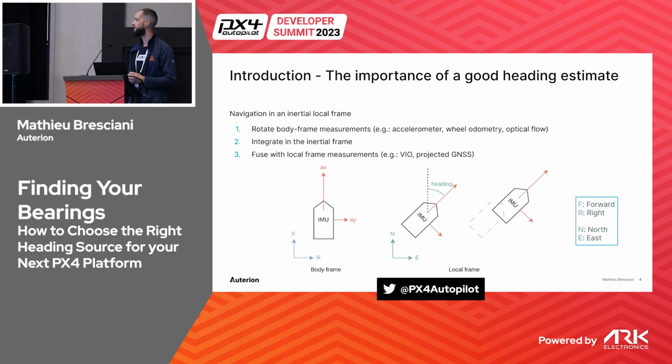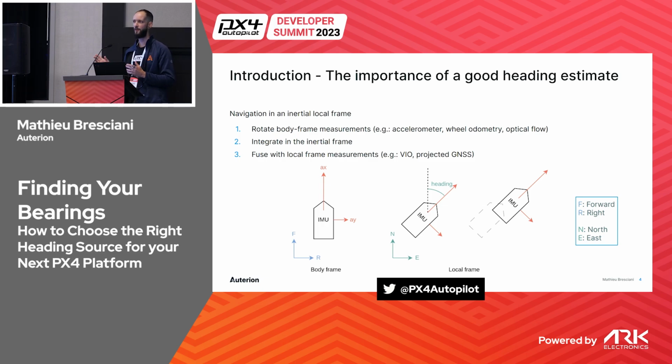So why do we need a good yaw estimate? The point is that we have a vehicle with sensors that read measurements in the body frame of the vehicle. And when we want to navigate, we have to transpose that into an inertial frame that is usually north-oriented.